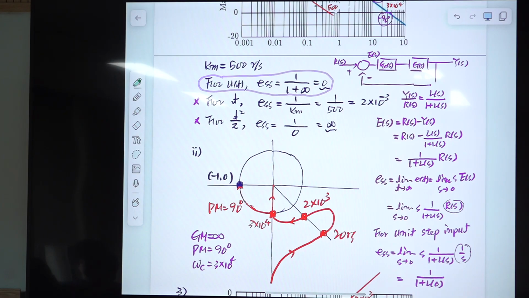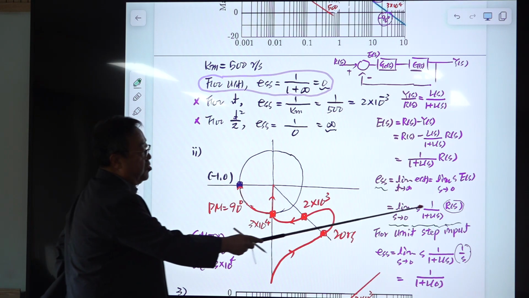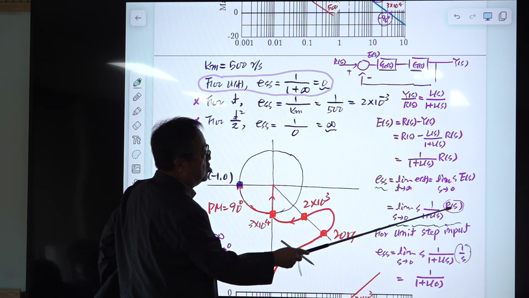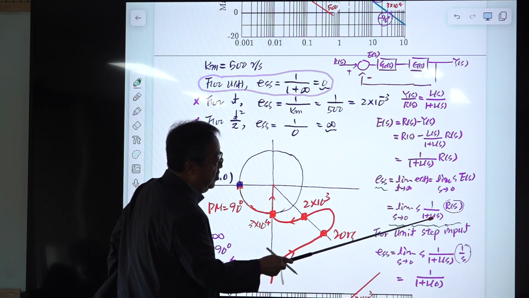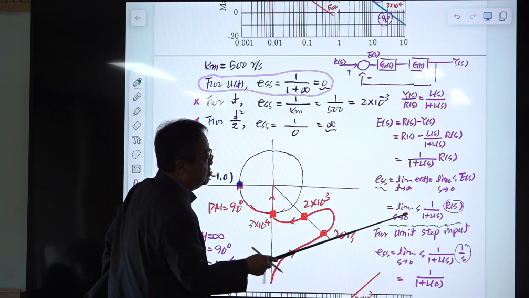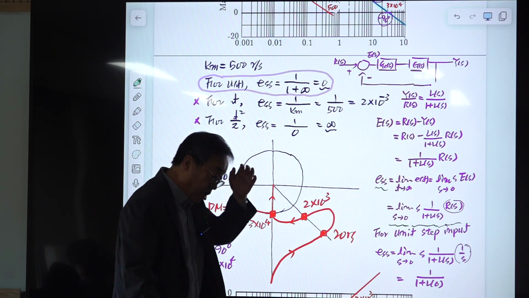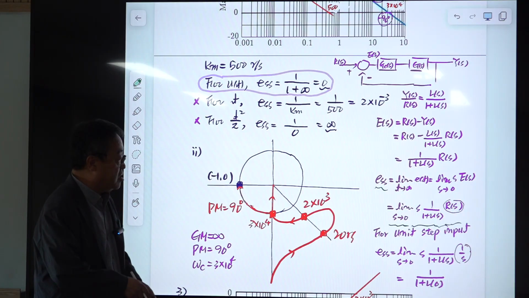The final form of this ESS is given by this for the general system. This is the Laplace transformed version of the input, and this is the loop gain, and this is what the final value theorem of Laplace transformation gives.